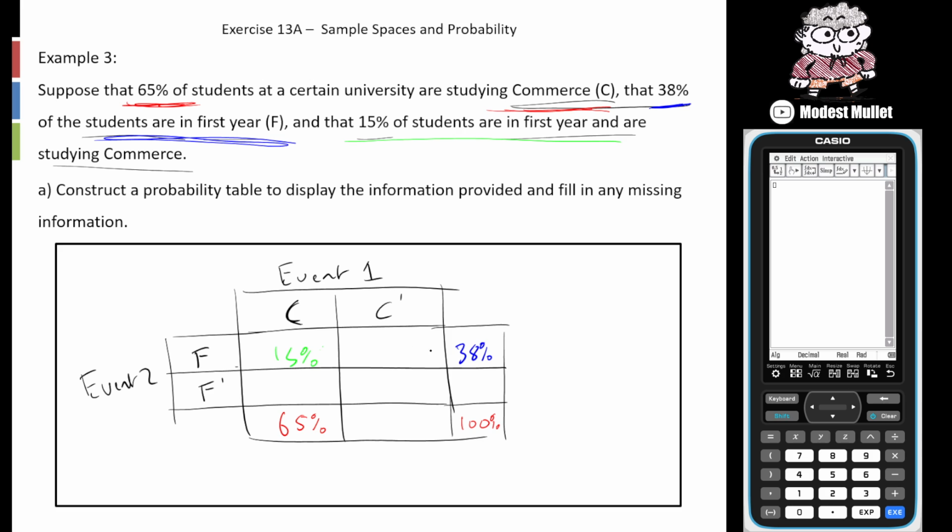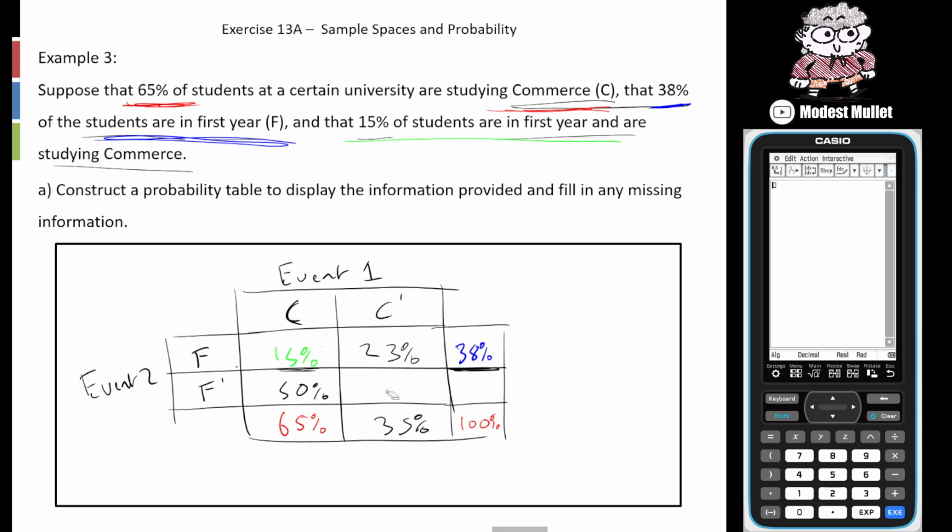So if 38% of all the students are first years and 15% of them are studying commerce, that means over here we have to have another 23% that aren't studying commerce to make up the 38, and then we can just keep applying this sort of deductive reasoning to fill in the rest. 65, that must mean that's 35%.